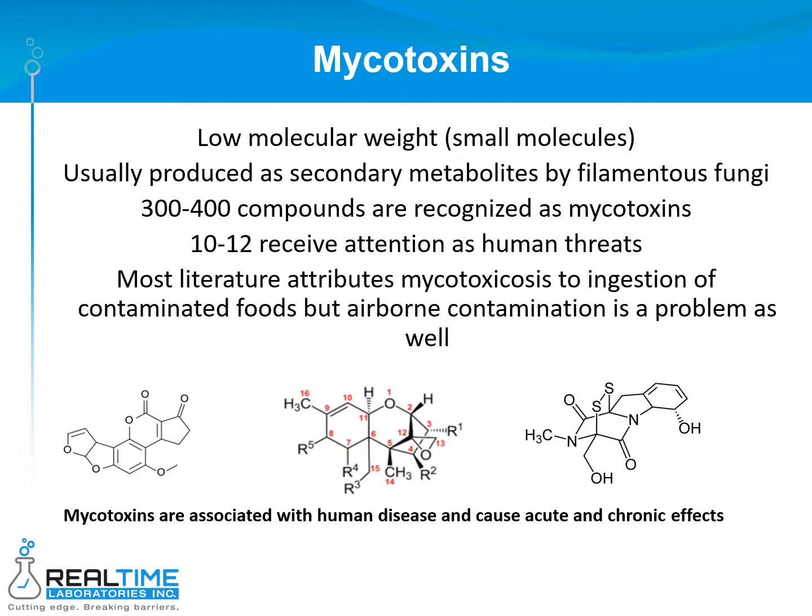Most of the literature that we read attributes mycotoxins to ingestion of foods which are contaminated. But the airborne contamination is a problem as well and cannot be ignored. The mycotoxins, as you can see here, are structures that are very similar to hormones, progesterone and estrogen, and thus they can cause a lot of problems with female hormones and male hormones.